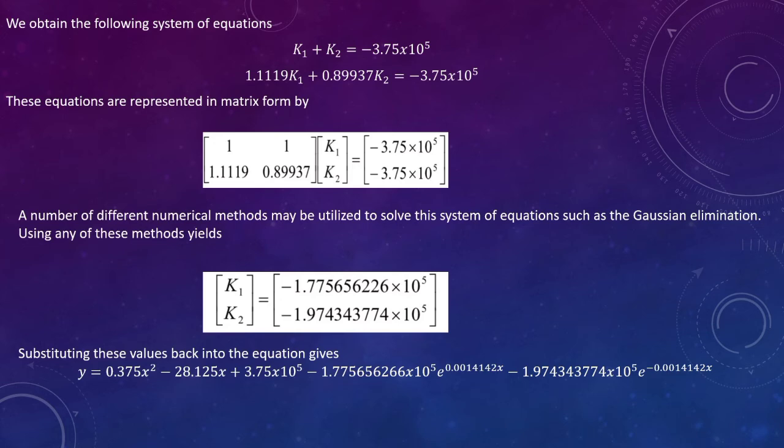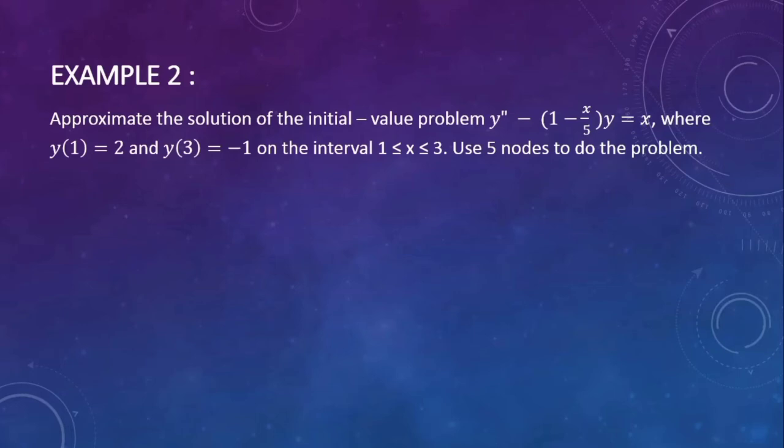Next is the example 2, which will be discussed by the next reporter. Good day, my name is Florence Marie Intas, and to further understand our topic, I'm going to give a simple example.